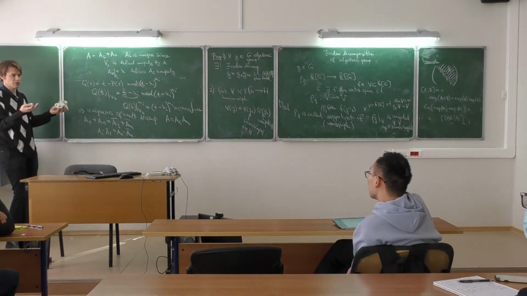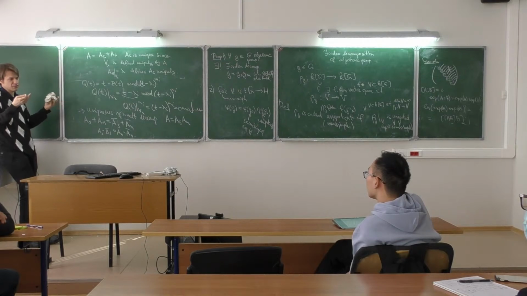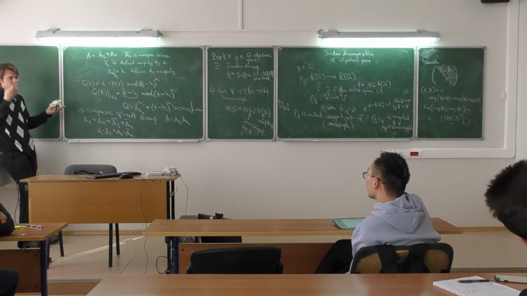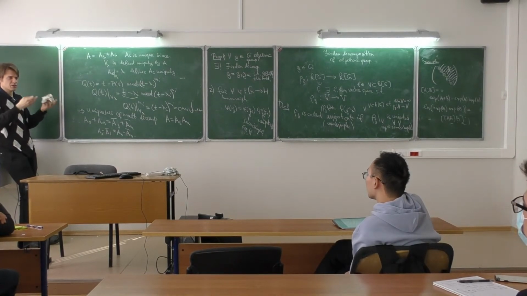If you compare two elements, a semi-simple element is nilpotent if and only if it is 0, and semi-simple is unipotent if and only if it is just the identity, because of the conditions on the eigenvalues.